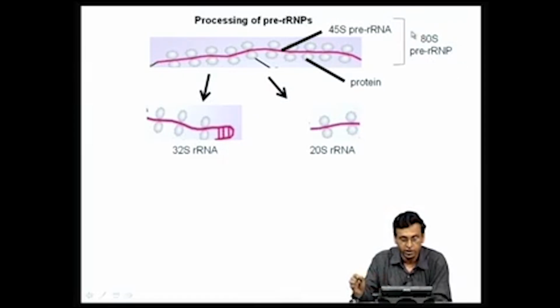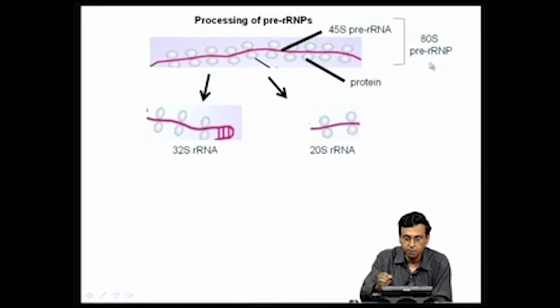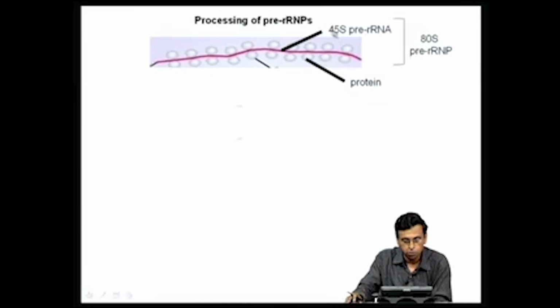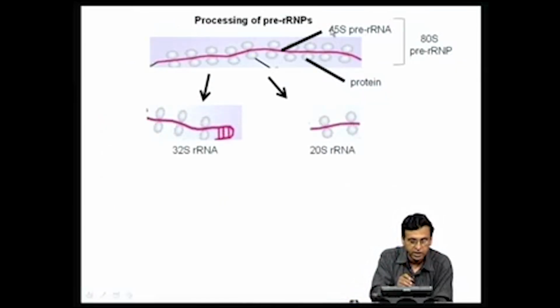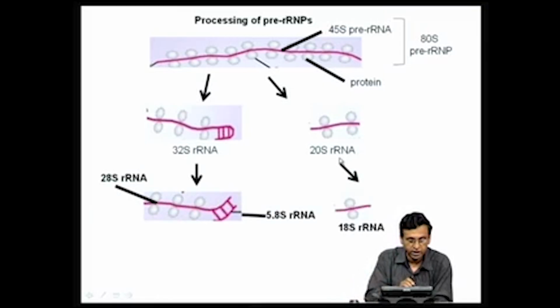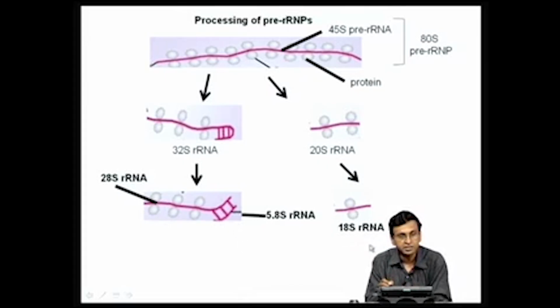The 80S pre-rRNP contains both the 48S rRNA shown in red here as well as protein components, and then the snoRNAs come into the picture and cleave this 48S RNA at specific regions, so that you get a 32S rRNA and a 20S rRNA. This 32S rRNA is then processed to generate a 28S rRNA and a 5.8S rRNA shown here in red, whereas the 20S rRNA is finally processed into 18S ribosomal RNA.